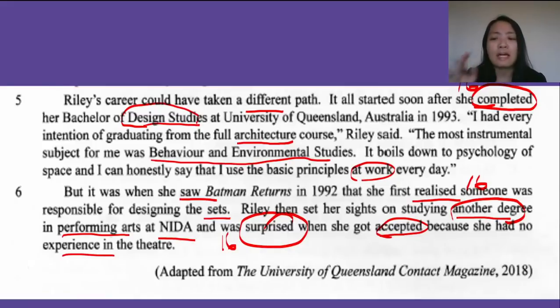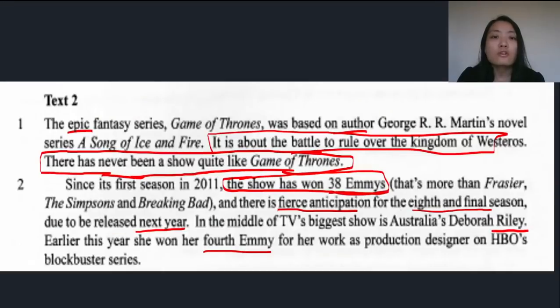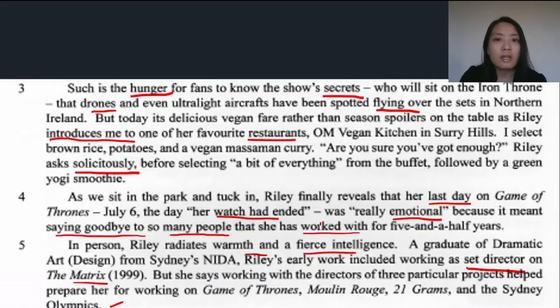So probably about life. So now we look at the second text. In the second text, you're going to find out where she got her ideas from or what was happening behind the scenes. Is there anything that tells you about where she got her ideas? Here it says it has won all these awards, all right, fine. Then it says here, this is the set.